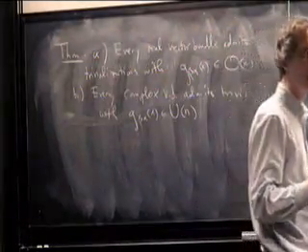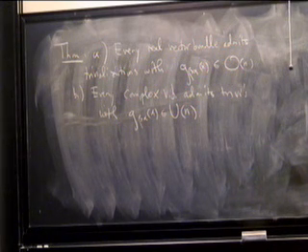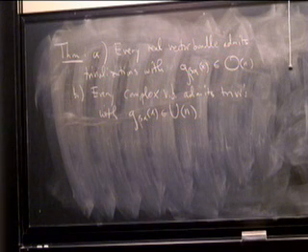See, you choose a metric, and then you look at the frames which are orthonormal for that metric. And in those orthonormal frames, the transition functions have to be in O(N) or in U(N).